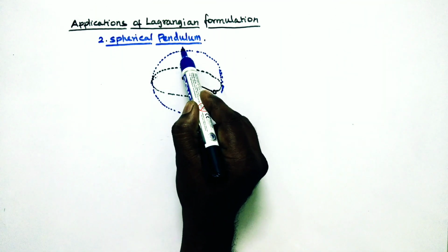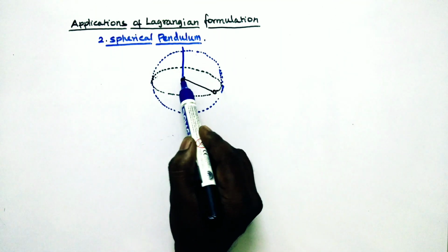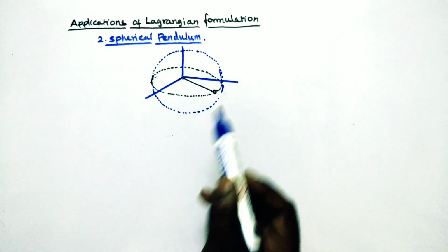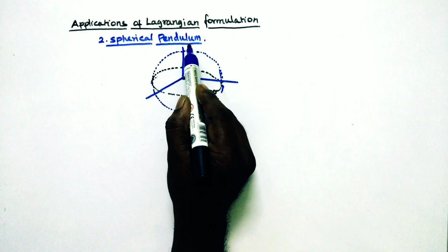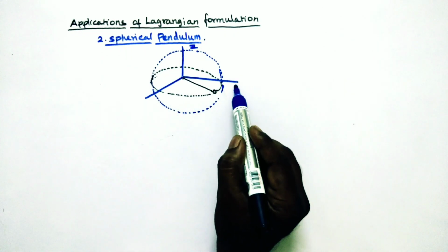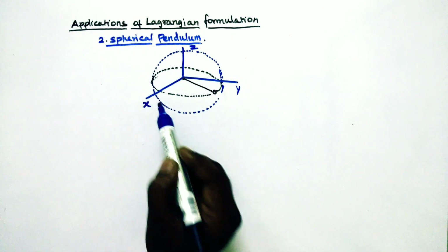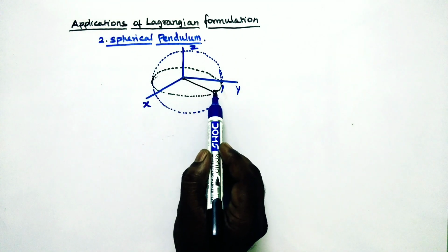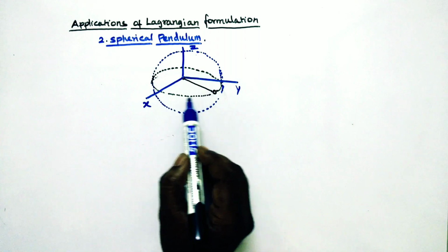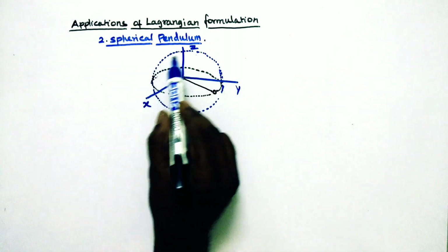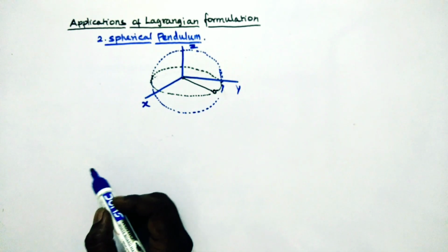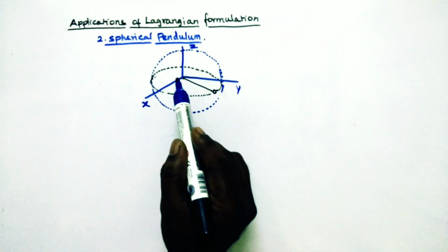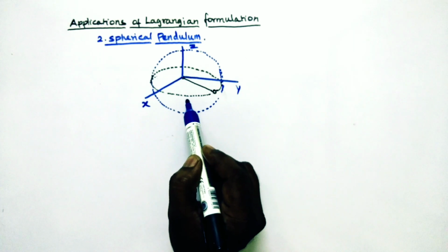Now we put the axes, because the spherical shape is three-dimensional. This is the z axis, y, x. So now we can easily understand this particle is moving in a circular path on the sphere. Now this particle is moving vertically and horizontally.